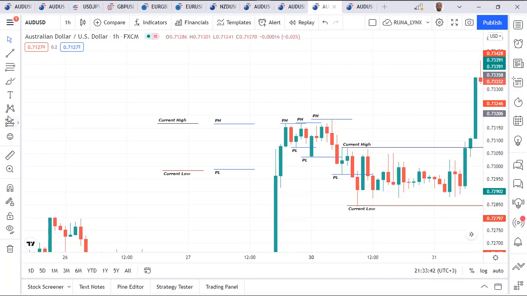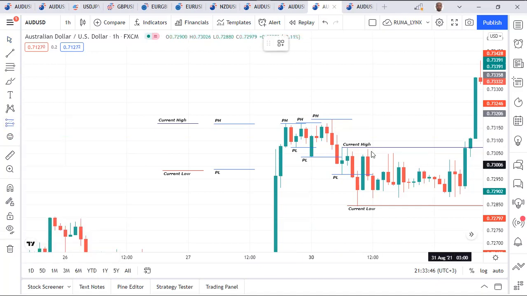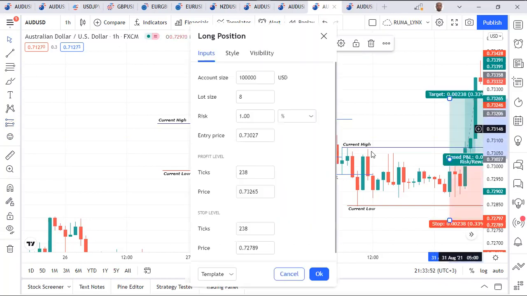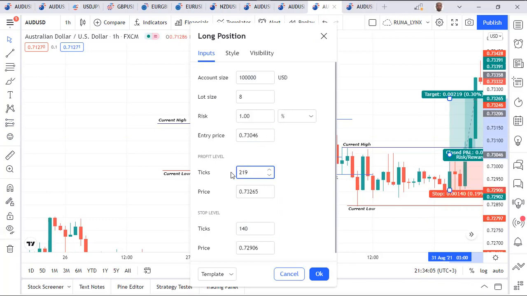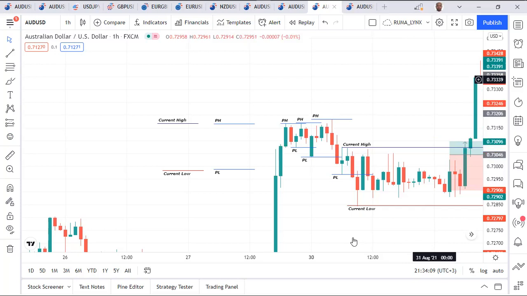So you come here, put a buy at 0.73046. Our stop loss as usual is 14 pips. And then now we just do trade management. So let's see what happens.